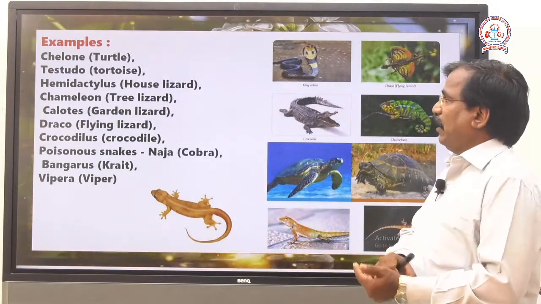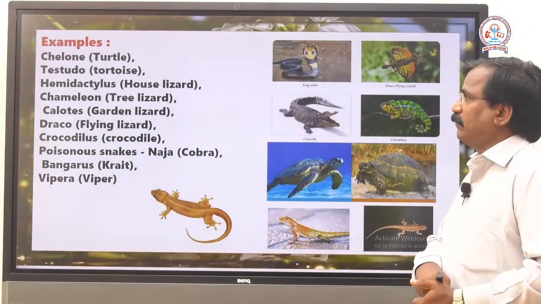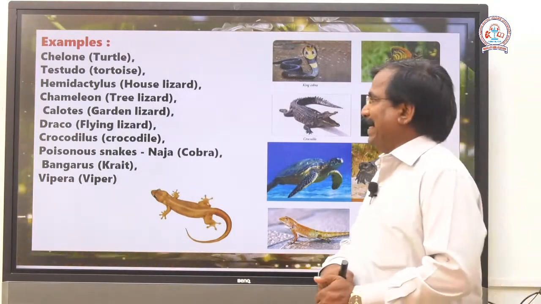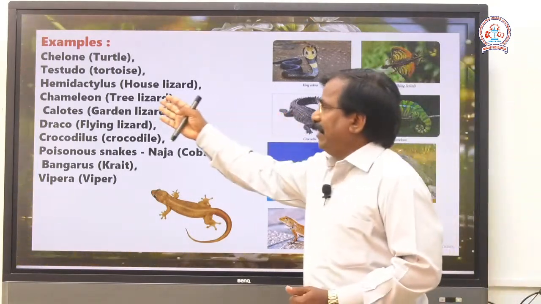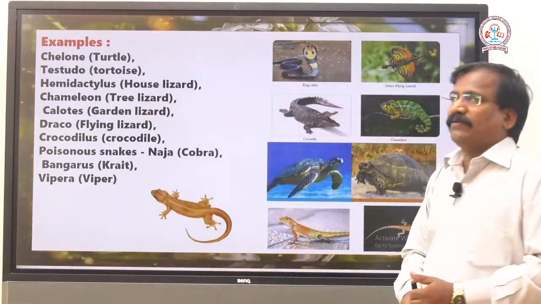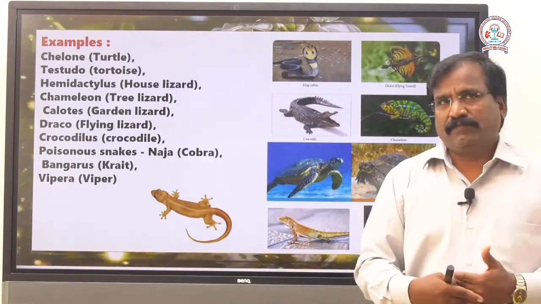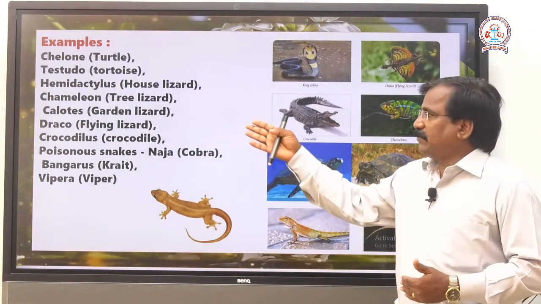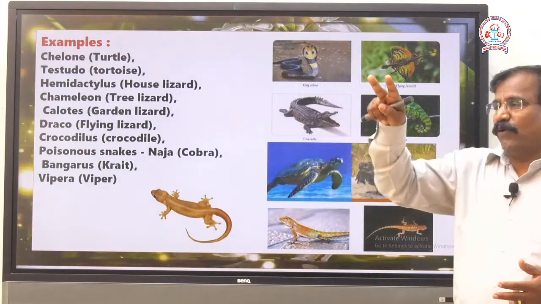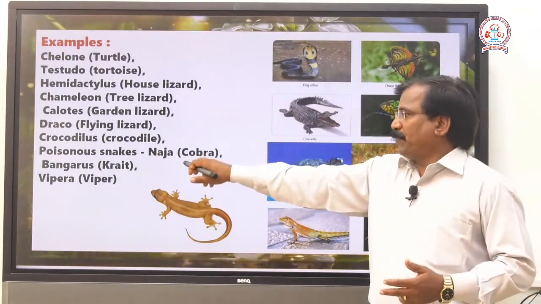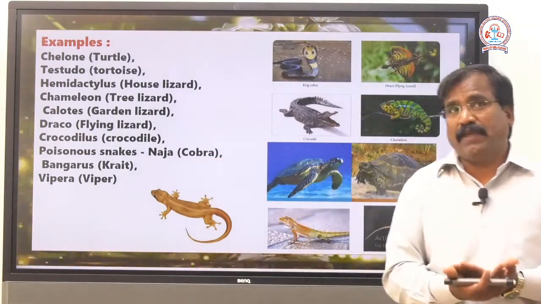Examples: Chelone turtle, Testudo tortoise, Hemidactylus house lizard, Chamaeleon tree lizard, Calotes garden lizard, Draco flying lizard, Crocodilus crocodile, Naja naja, it is a snake, a poisonous snake.